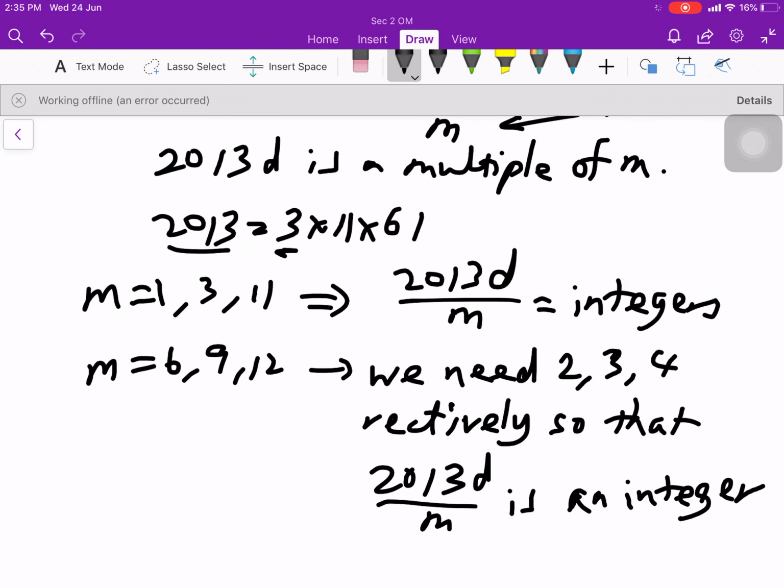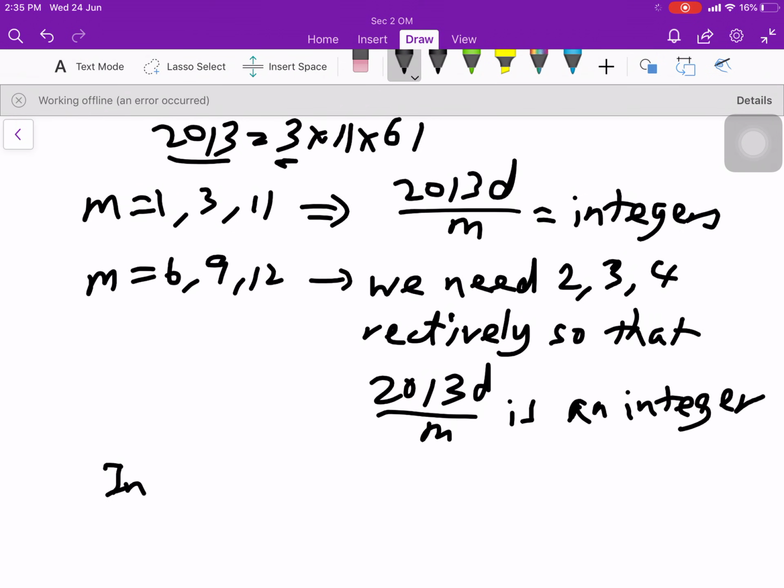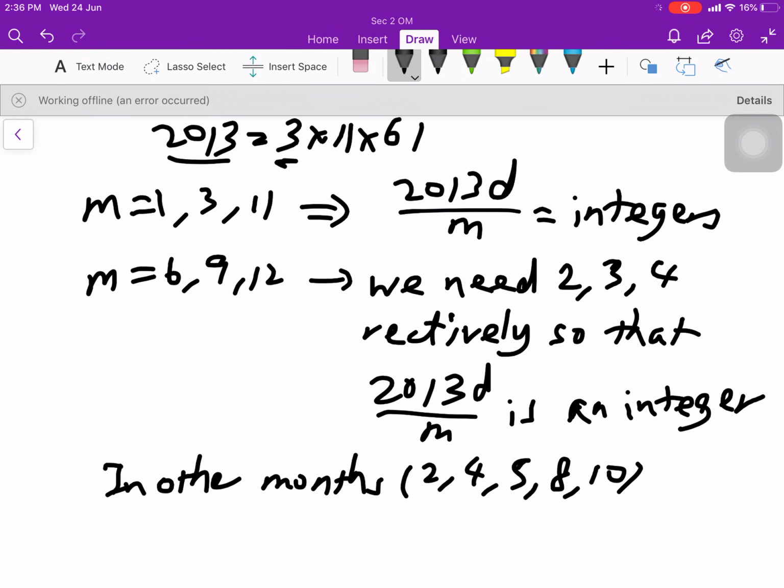In other months, can you see that, the other months referring to what? Other months referring to 2, 4, 5, 8, and 10, right?